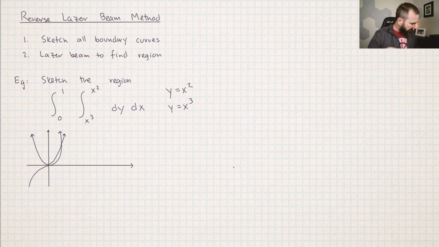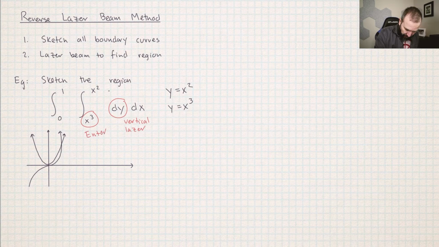In this setup, since this is dy, remember I am drawing a laser beam that is parallel to the y-axis. So this is a vertical laser beam, and this is the enter, and this is the exit. If I drew a vertical laser beam right there, this is where it would enter, and that is where it would exit.